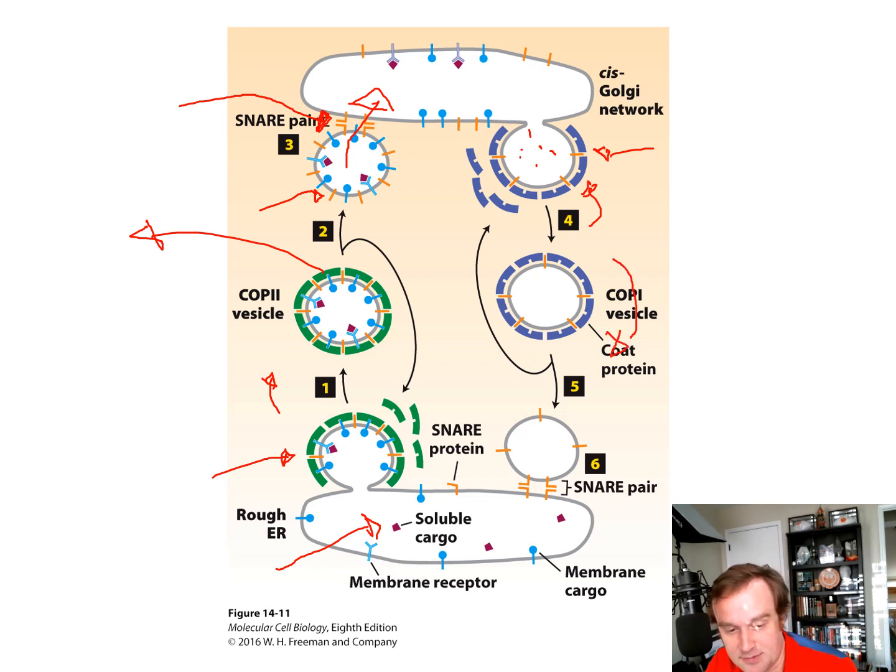And then in step 6, the cis-Golgi snare interaction binds again, just like it does with the Golgi network going the other way in the anterograde. In the retrograde, it binds with the ER t-snares, which mediates vesicle fusion to deliver the cargo back to the ER. So it's kind of this circle or cycle that's happening between the ER and the Golgi.